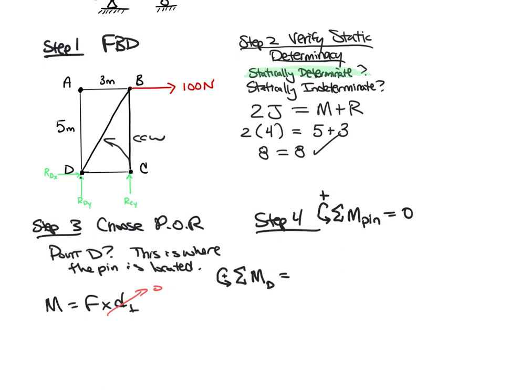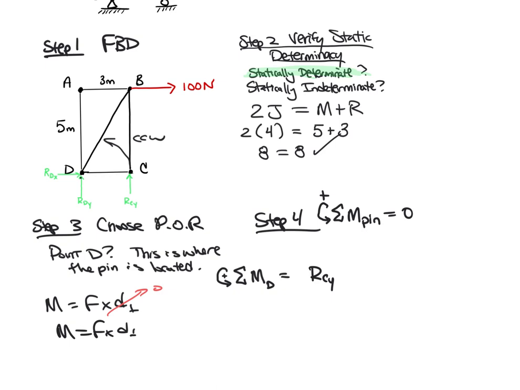Okay? So that force is going to cause a moment because a moment, again, is the turning effect of a force. So if you see that turning effect, that means it's going to generate a moment. So we have RCY generating a moment, but that's only the force portion of my equation, moment equals force times perpendicular distance.